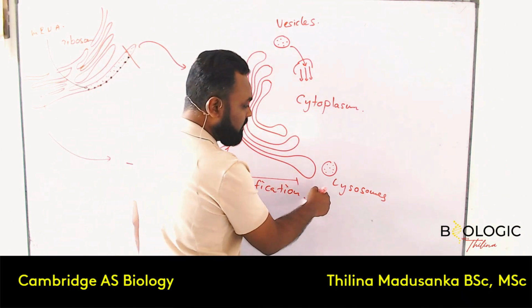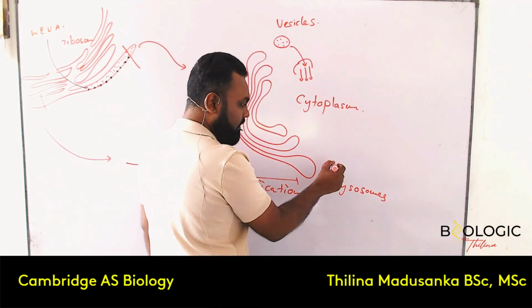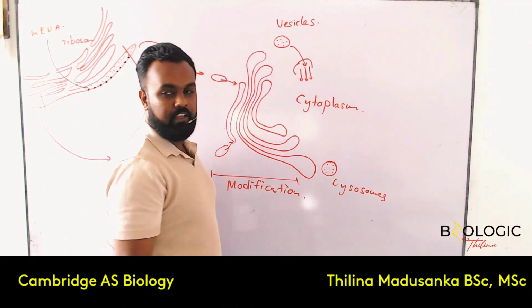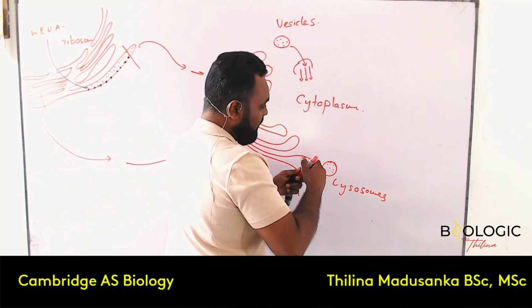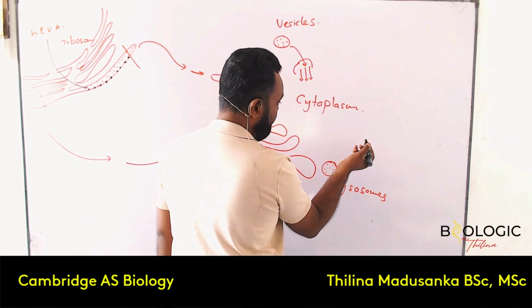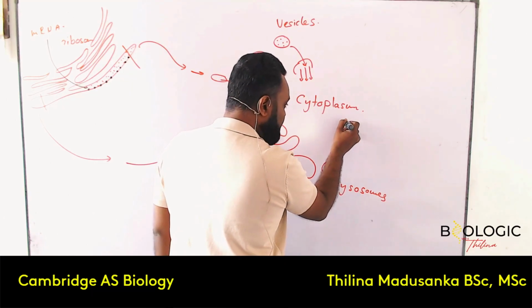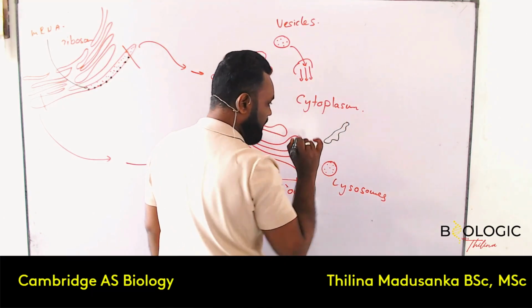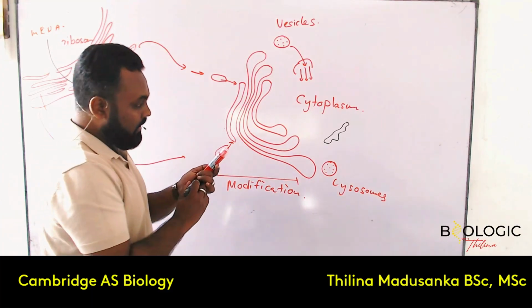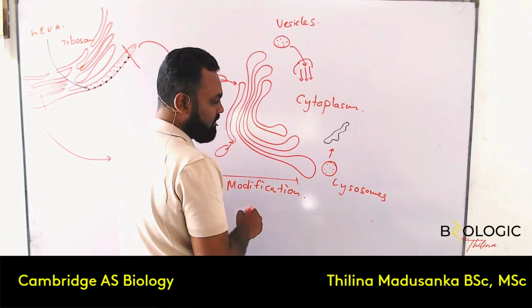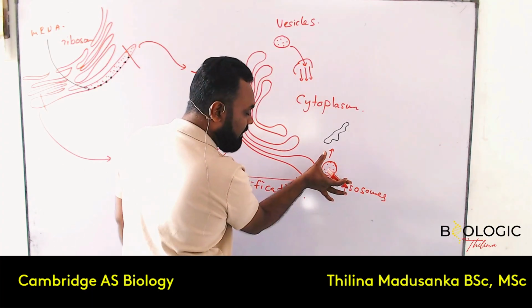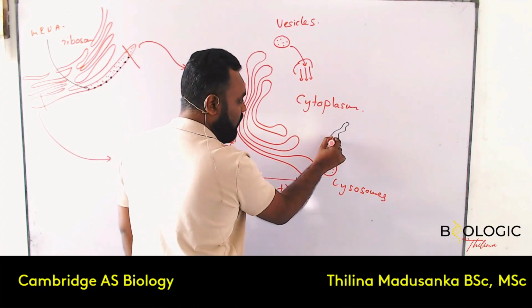Therefore, most of the time these lysosomes just keep the hydrolytic enzyme inside. But just imagine we have a dead or half dead mitochondria, not working properly. Now what happens? This lysosome goes towards the half dead mitochondria and breaks open to release the enzymes onto the mitochondria.